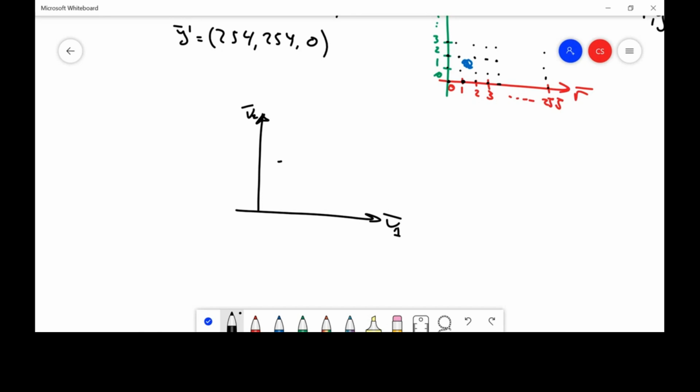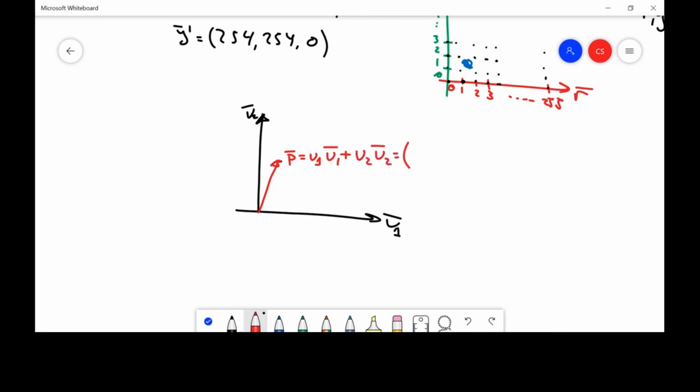So this point will be, I don't know, my point P, but there is some u1 times u1 plus u2 times u2.